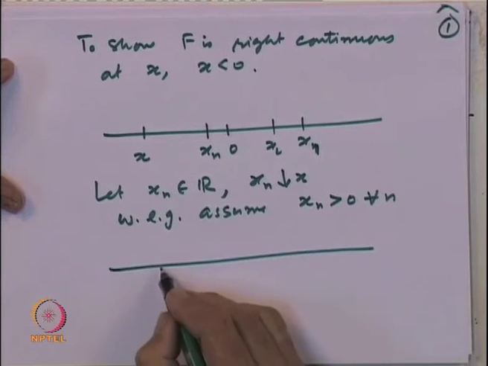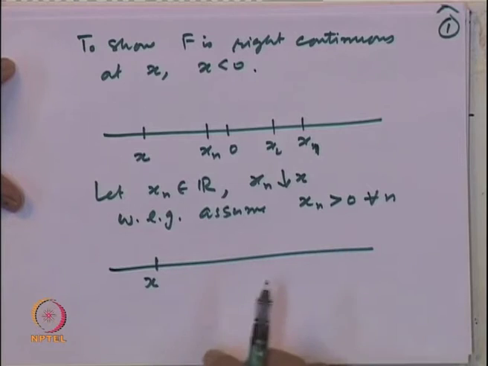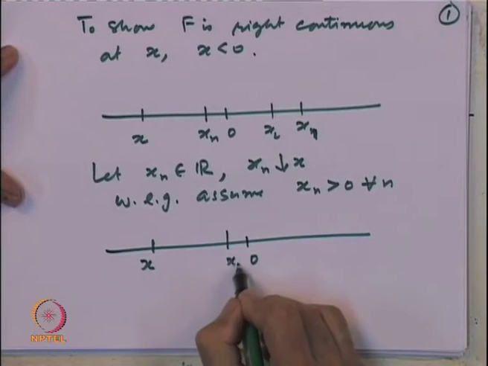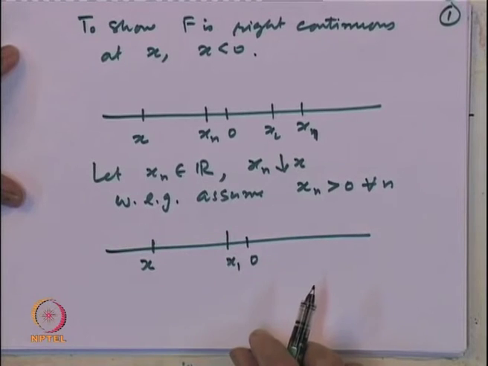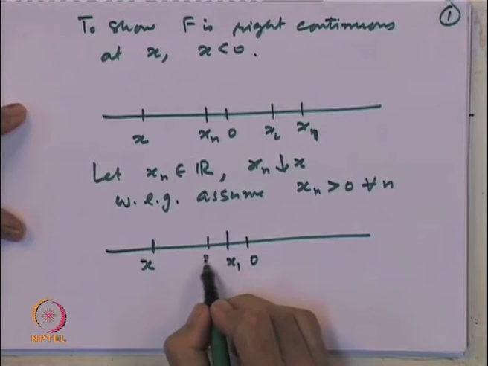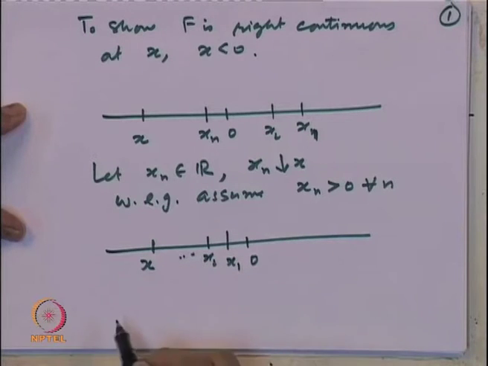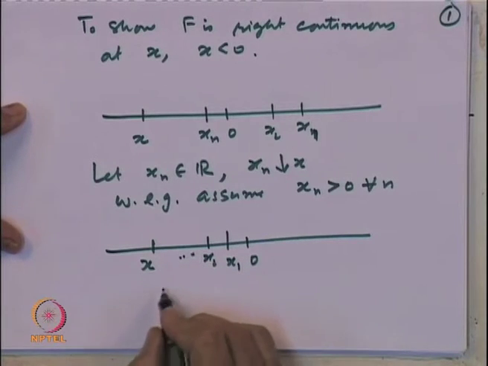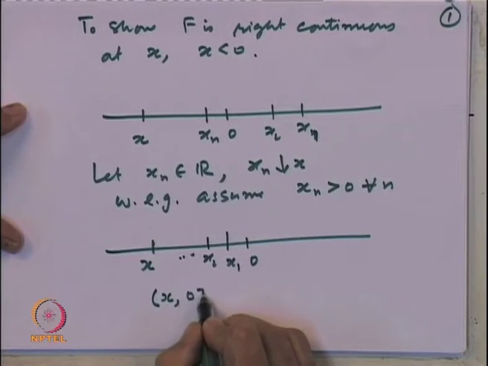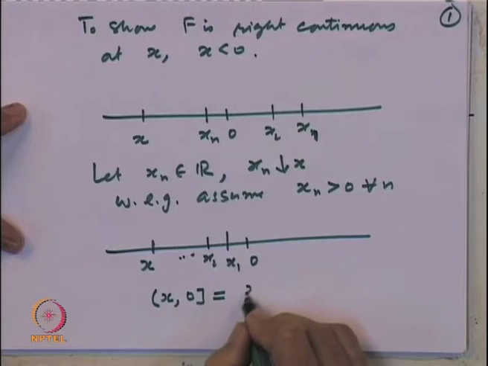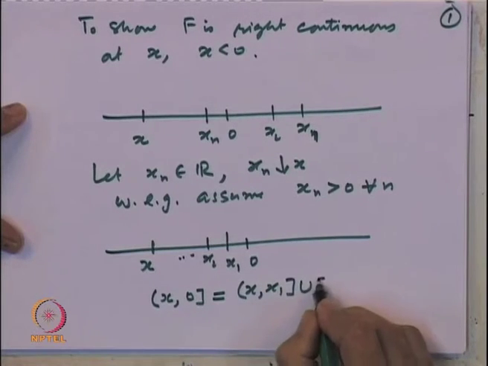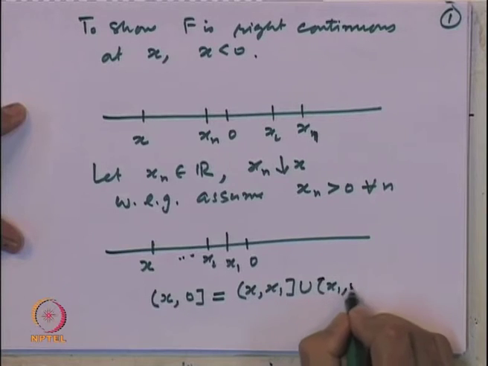So, here is the situation: here is the point x, here is the point 0 and here is the point x_1. Here is x_2 and so on. Let us observe that the interval (x, 0] can be written as (x, x_1] union (x_1, 0].